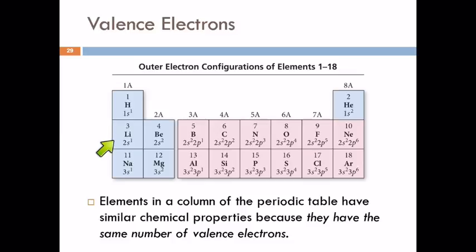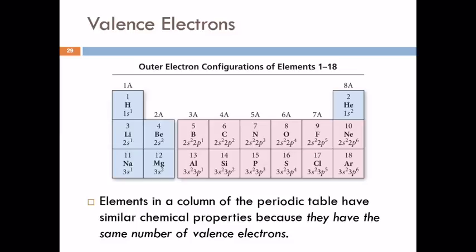Their electron configurations end with what's here: 1s1, 2s1, 3s1. Let's jump over here and look at fluorine and chlorine. They're in group 7A in the periodic table. They have 7 valence electrons. The electron configuration ends in 2s2, 2p5 for fluorine. So 2 is the highest principal level that has electrons.